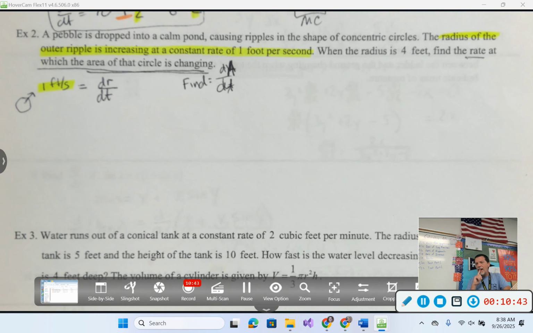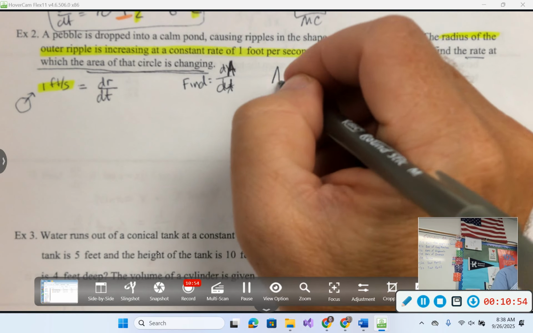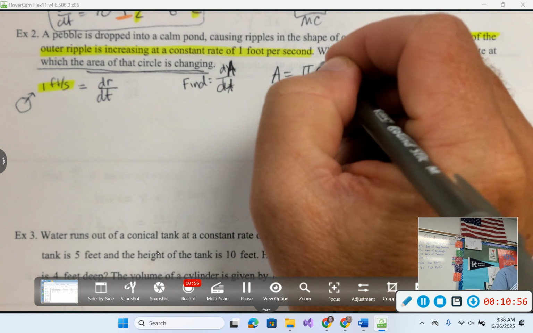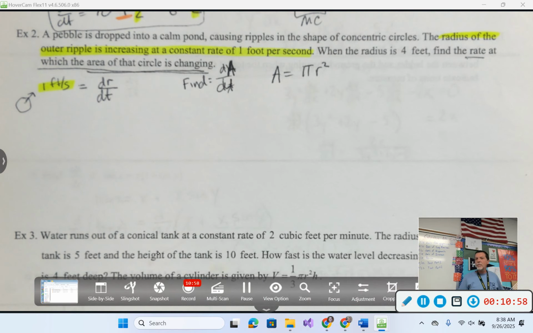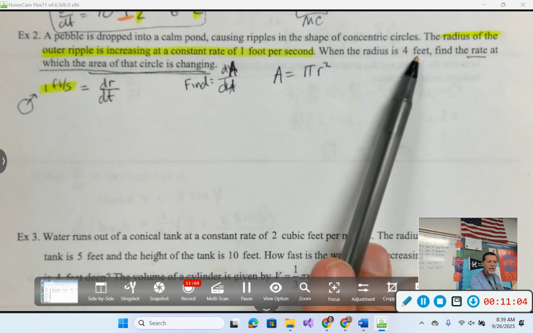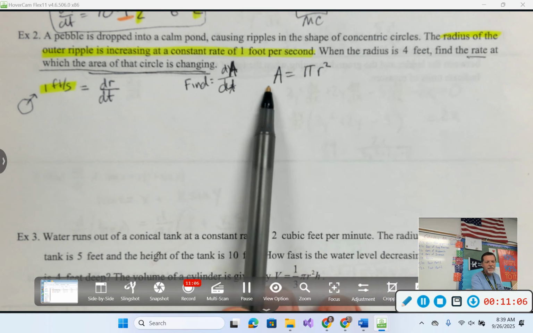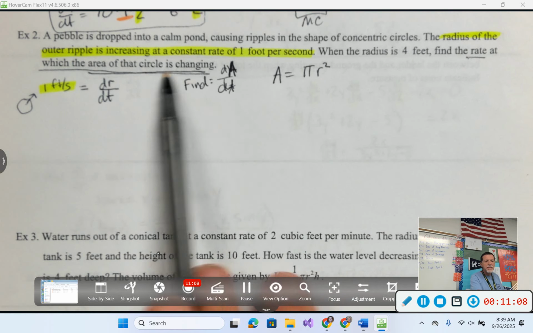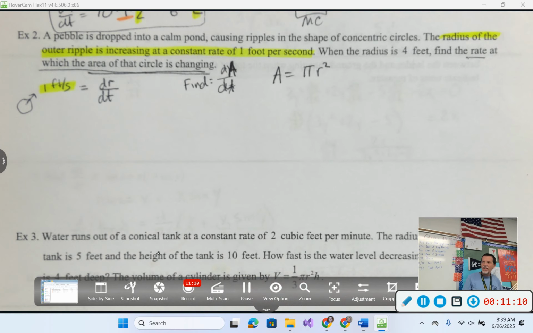Why would you not change the radius to like area? Because isn't it pi r squared? That's what's next. Yes, area is pi r squared. But I'm not just going to plug in. I could plug in 4 for the radius and I'd get the area to be 16 pi, but that doesn't tell me how the area is changing.